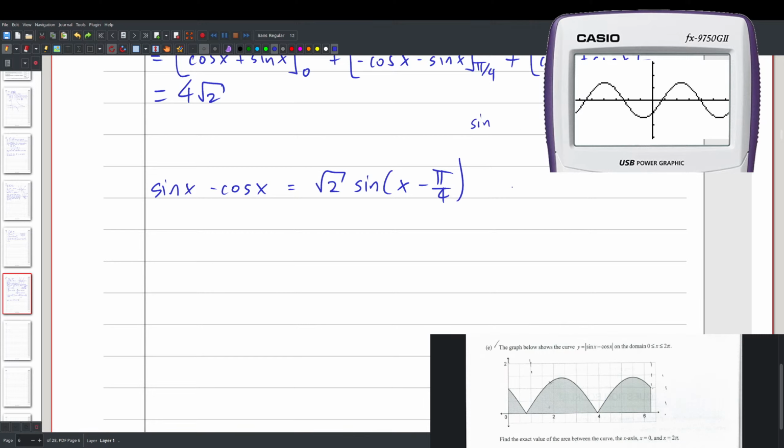Yeah, so basically, the integral of 0 to 2 pi of the absolute value of y is just the integral from 0 to 2 pi of the absolute value of root 2 sine of x minus pi on 4.